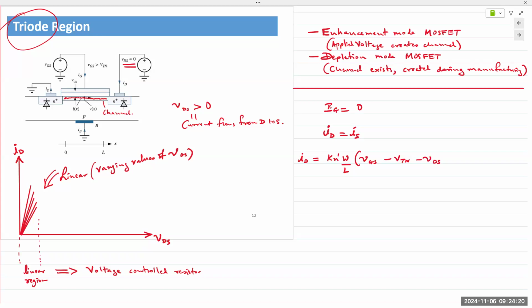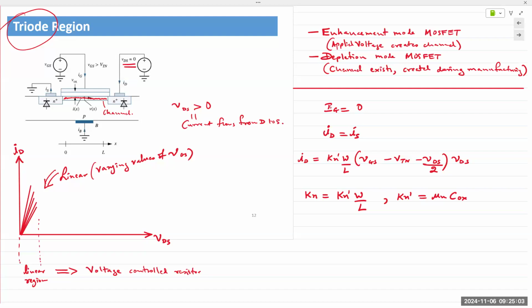The threshold voltage again depends on the physical dimension of the device, where we can describe Kn as Kn prime W over L. And Kn prime is the permittivity of the N-type material and the capacitance of the gate oxide.